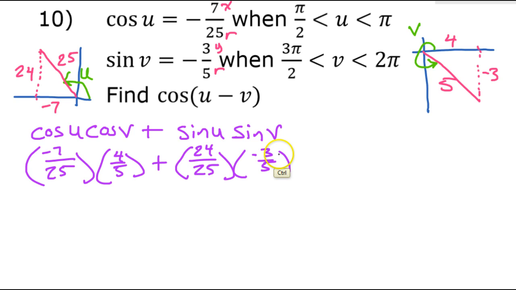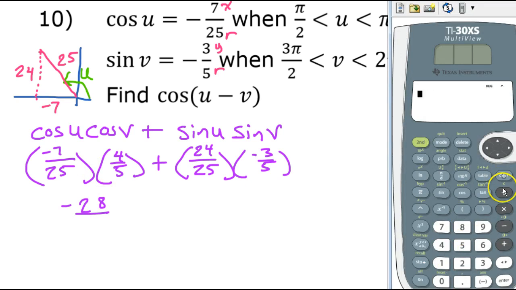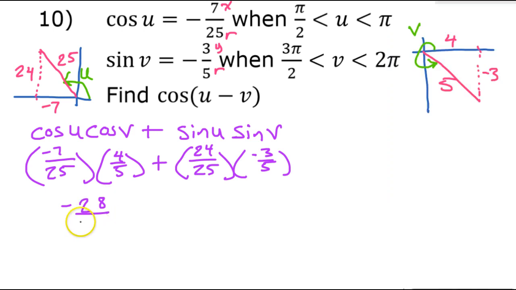So it's just a matter of simplifying this. So this is going to be negative 28 over, what's this, like 125? Okay, and this is going to be negative. So what's this?